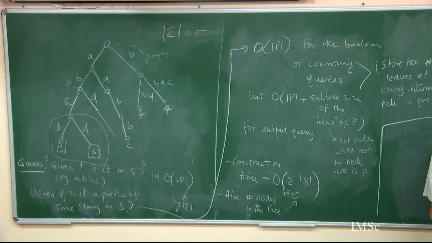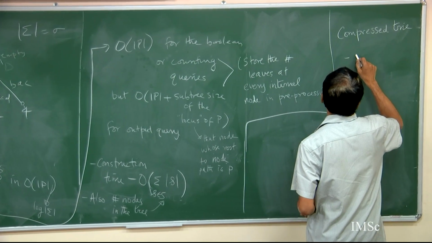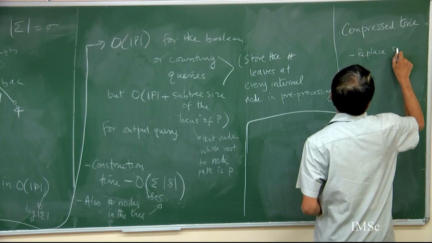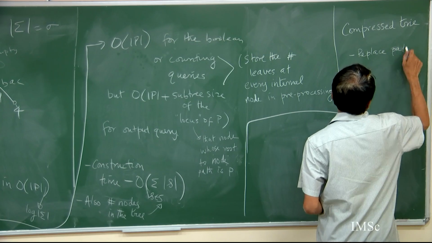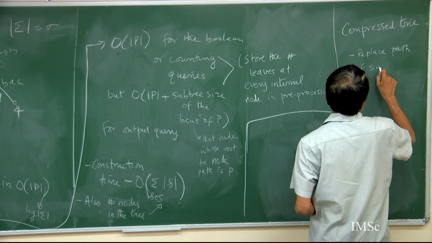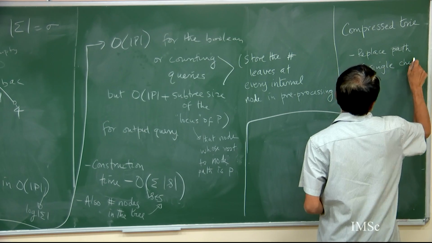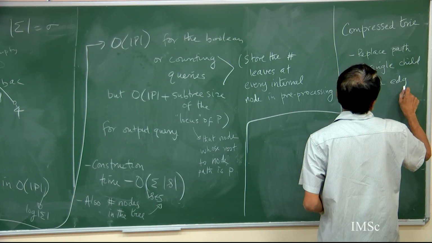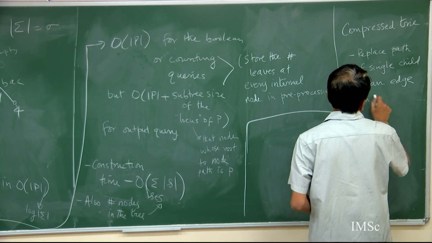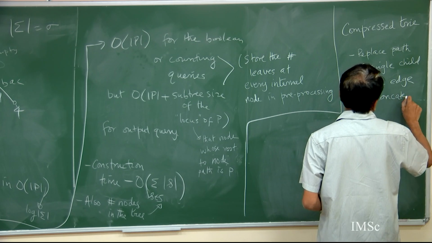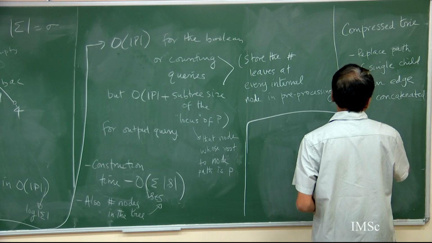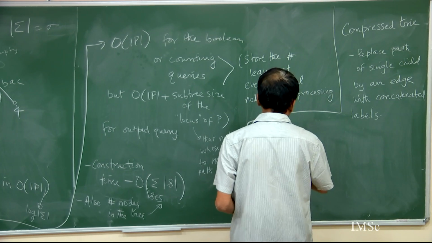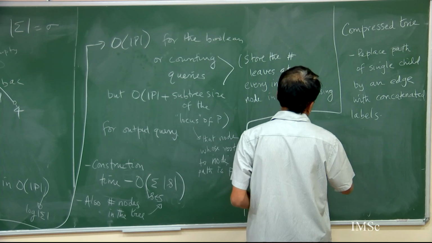Compressed trie is: replace path of single child by an edge with concatenated labels. Now, the more important interesting question is the number of nodes in the compressed trie.